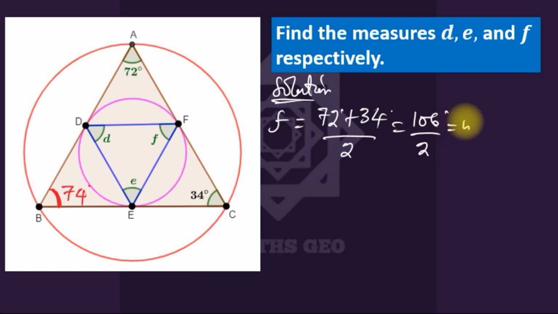So our answer is 53. And D is the average, as you can see, D is like in the middle of 74 and 72.